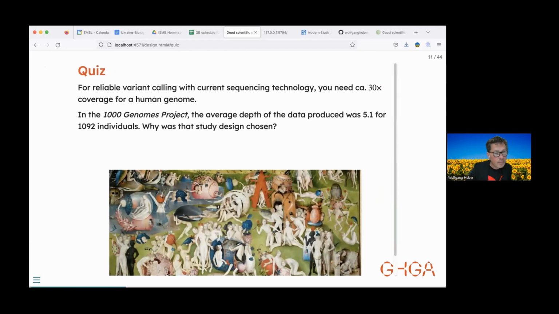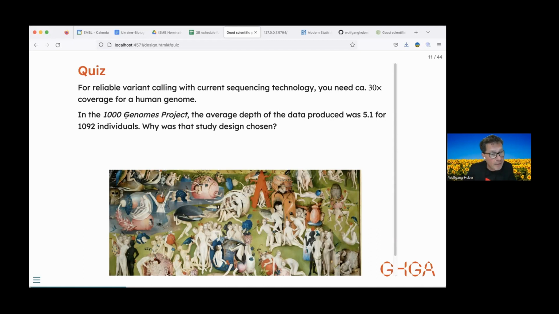So to make this more concrete, we all know that for reliable variant calling, let's say with the most common current sequencing technologies, we need about 30x coverage of short reads to cover a normal human diploid genome and to get reliable variant calls.